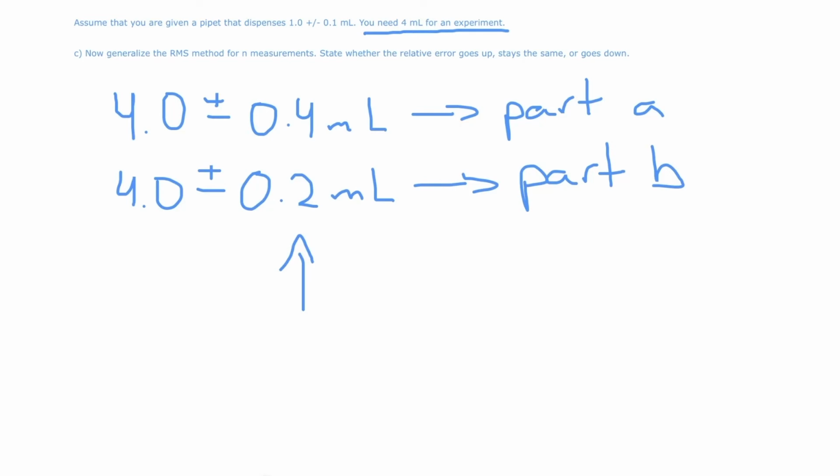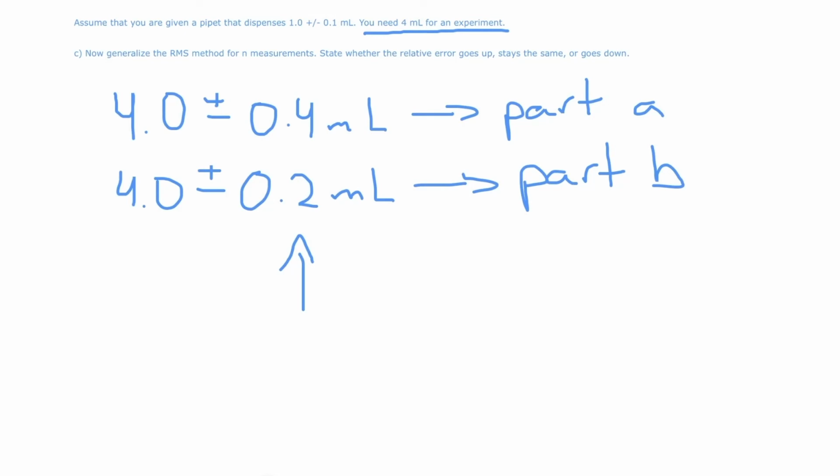Instead, errors are random, and this means that the errors often offset each other, so that you can have one that's maybe half of a 0.1, but you can have another that's even smaller than this. And since these errors are random, it's very unlikely that you'll get a maximum error like we saw in part A.